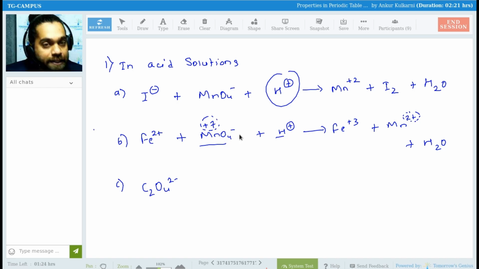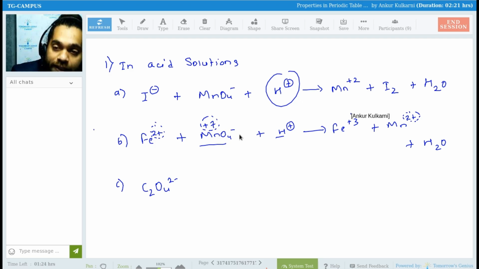And since it is an oxidizing agent, it oxidizes Fe2 plus to the common oxidation state of Fe, that is plus 3. So always and always we will get the plus 3. Simple. Is it clear, everyone? Come on, give me yes or no.